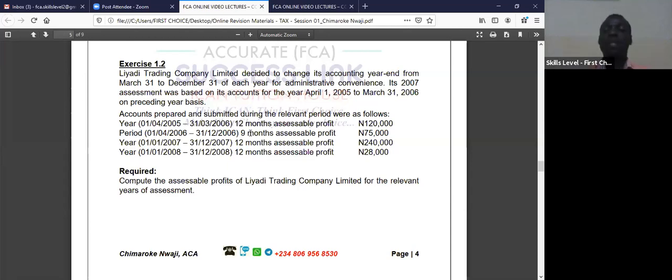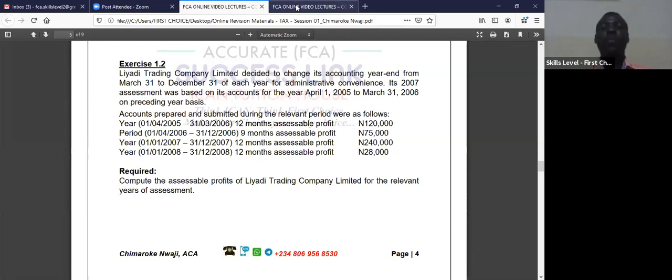So that means we have 2 accounts in 2007 year of assessment. So what we need to do is identify the year that the change was done. 2007 is our first year because the change was done in that year of assessment. So that means our year 1 will be 2007, year 2 will be 2008, year 3 will be 2009.